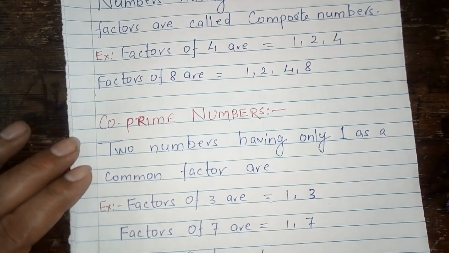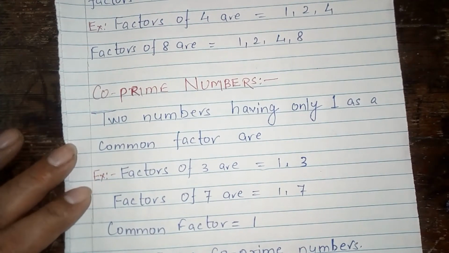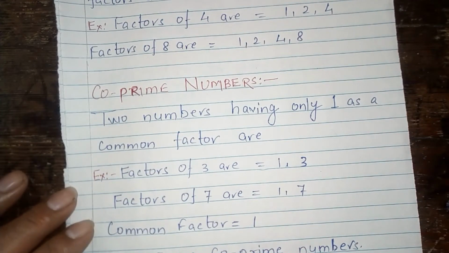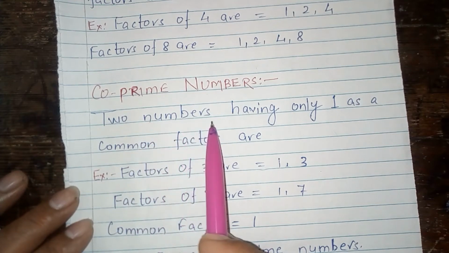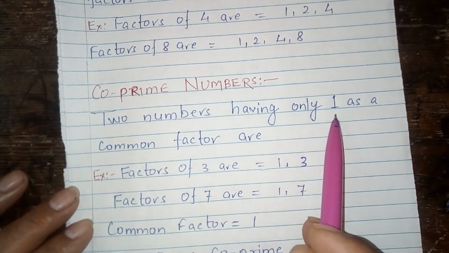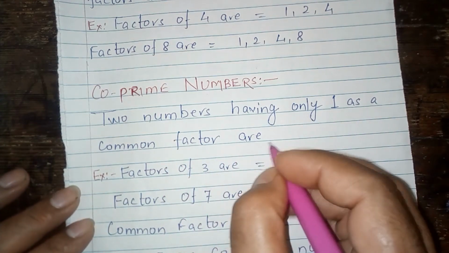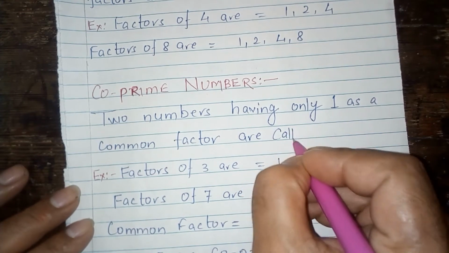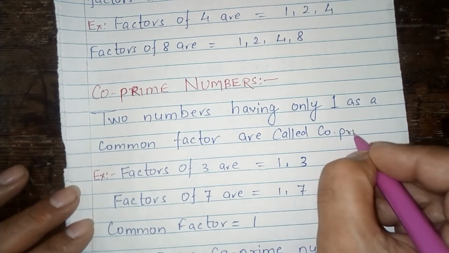Now let us discuss co-prime numbers. What is the meaning of co-prime numbers? Two numbers having only 1 as a common factor are called co-prime numbers.